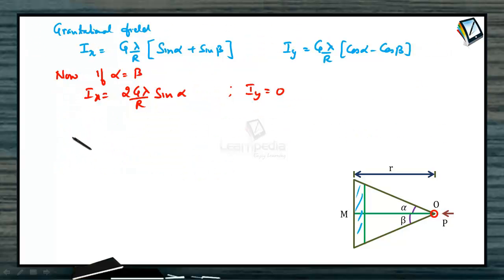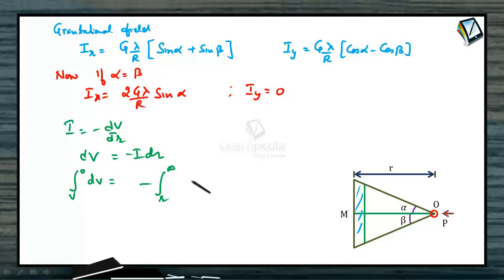To get gravitational potential, what is the relation between gravitational field intensity and gravitational potential? I is equal to minus dV by dr. So dV will be equal to I dr. Let us substitute it. From V to 0, dV is equal to integration from r to infinity of 2G lambda by r into dr. So what we get from here? 0 minus V equals 2G lambda times (log to the base e of infinity minus log to the base e of r).